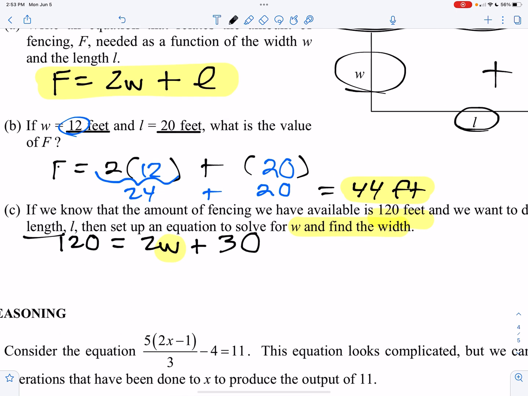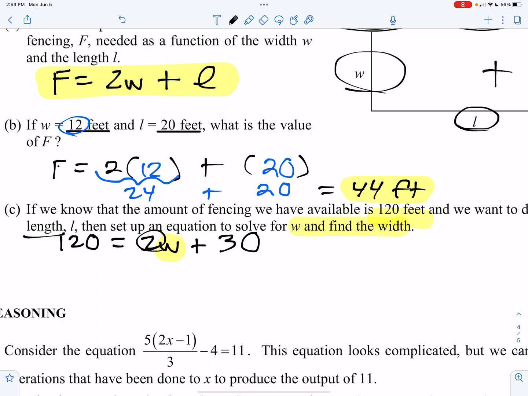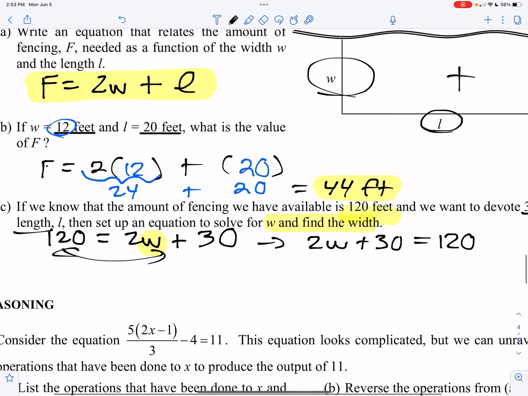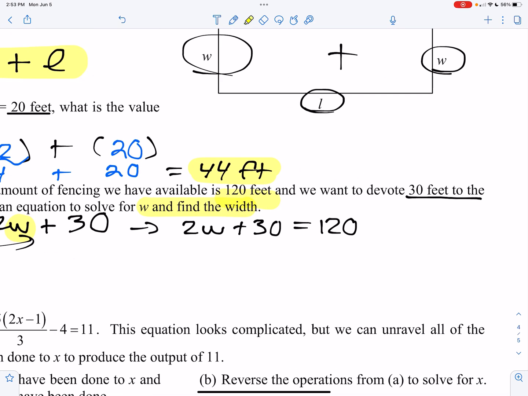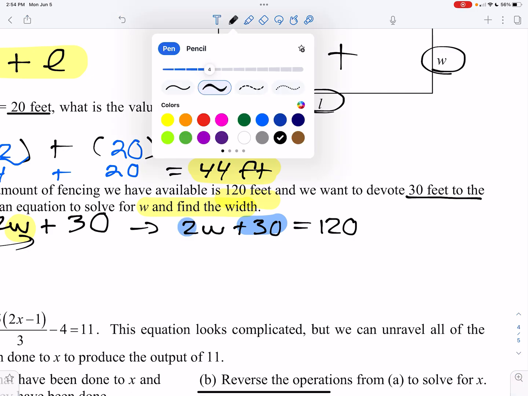So to get W by itself, I have to get rid of the 2 and the 30. Now I'm going to rearrange this equation. 2W plus 30 equals 120. So I'm flip-flopping the equation. I'm reversing the order. So I have to get rid of the 30 and the 2. Well, I'm going to start with the 30.